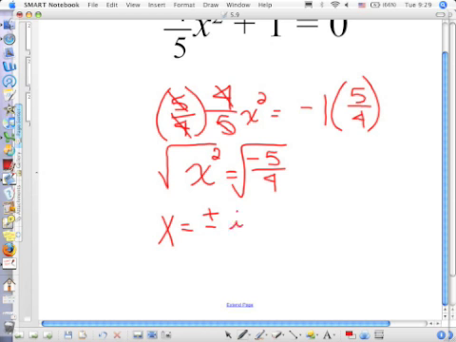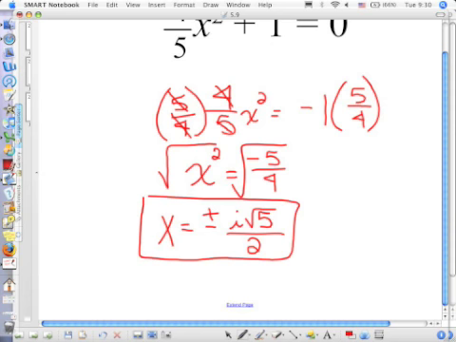Can you take the square root of 5? No. In the denominator, can you take the square root of 4? 2. Now we want to make sure there's no i in the denominator, there's no negative in the denominator, which there isn't. So that's your final answer. And you want to make sure there's no radical in the denominator, which there isn't.